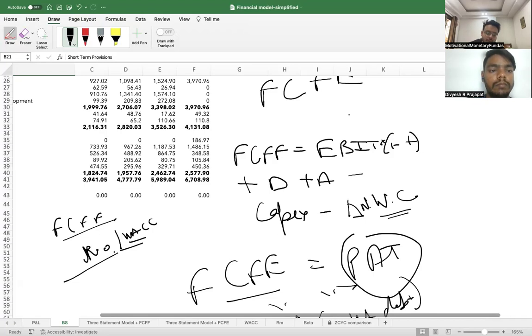So we are discounting this free cash flow to firm by your cost of capital, which encapsulates both your cost of debt and cost of equity. Cost of debt is simply the interest rate you pay on debt. If you've taken a loan at 8%, then 8% is the cost of debt. No rocket science. Cost of equity we calculate using a specific model, like the CAPM model, which I've talked about in my modules and live sessions, and we will talk about it again.